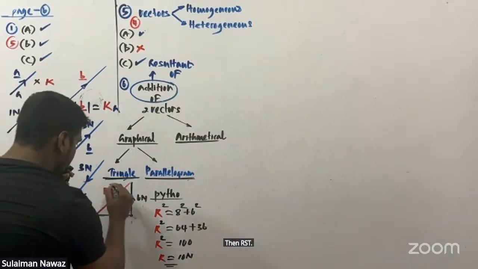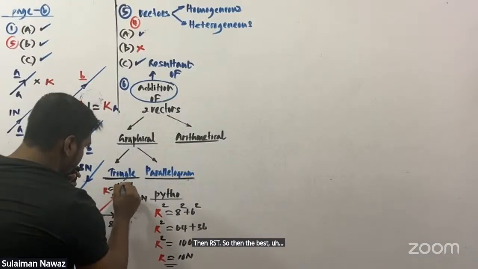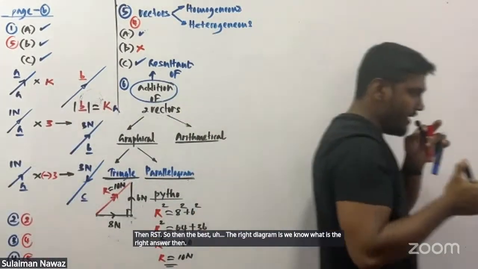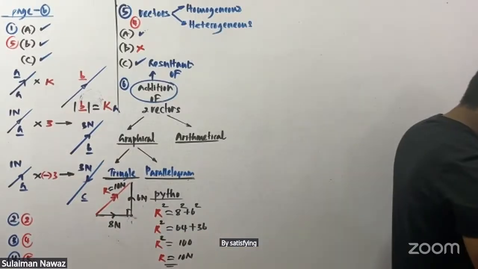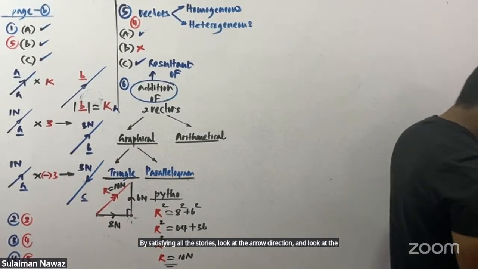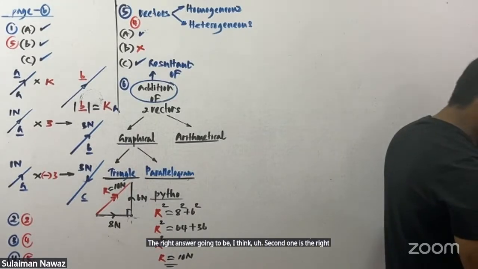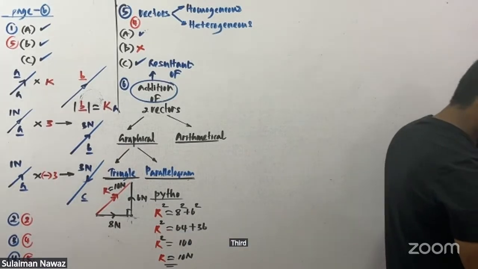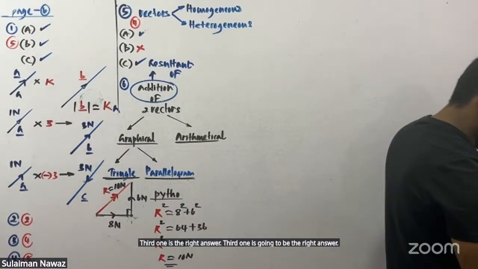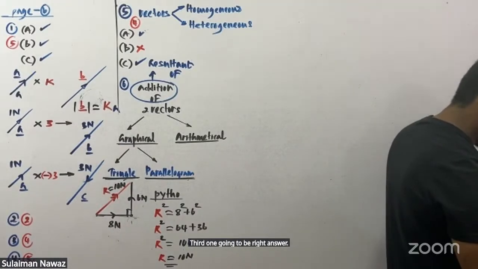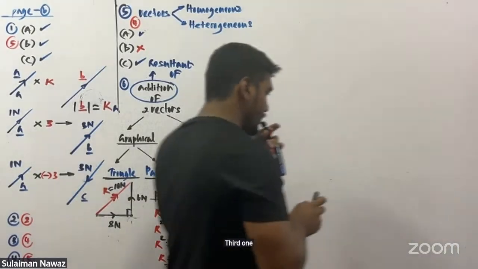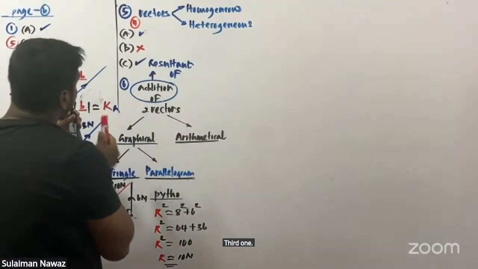Now, looking at the arrow direction and the magnitude, the right diagram is, I think, the second one. No, not the second one, the third one is the right answer. Answer is 3. Nice.